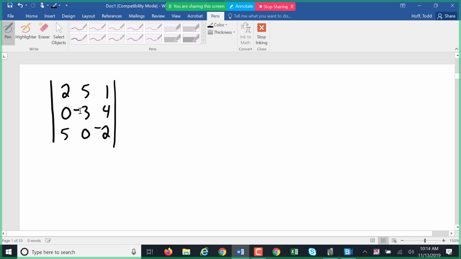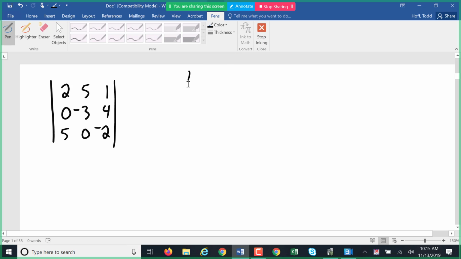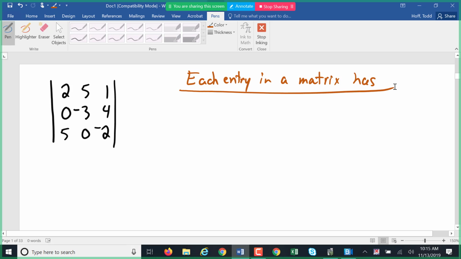So I got 2, 5, 1, 0, negative 3, 4, 5, 0, negative 2. Each entry in a matrix has two properties.